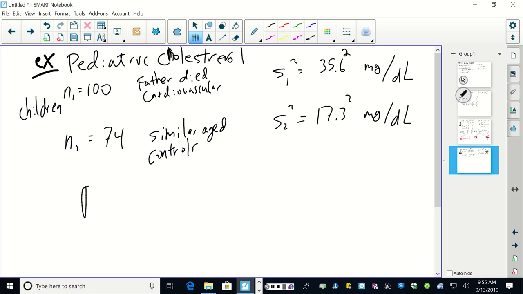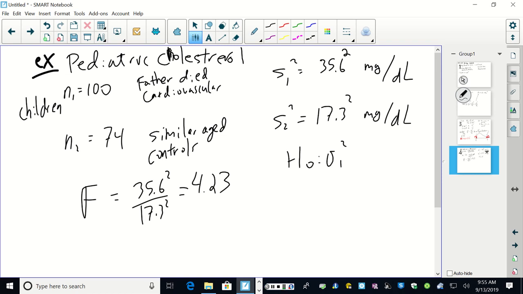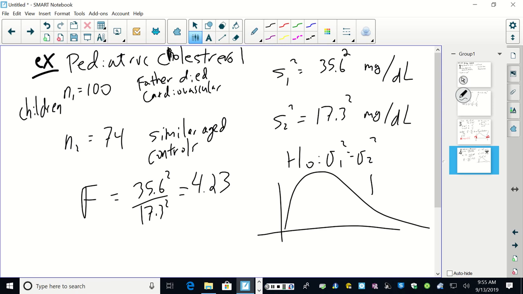So the F statistic, you take this 35.6 squared over the 17.3 squared, which ends up being 4.23. So our null hypothesis is that these are equal. Under that null hypothesis, this F distribution has 99 and 73 degrees of freedom.